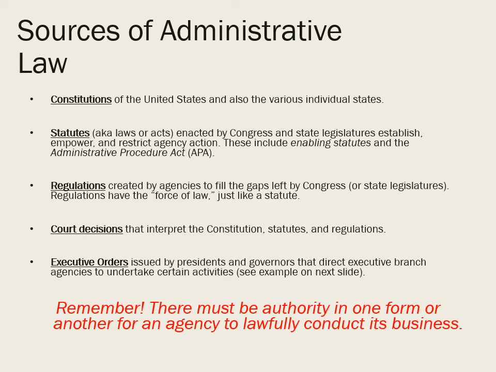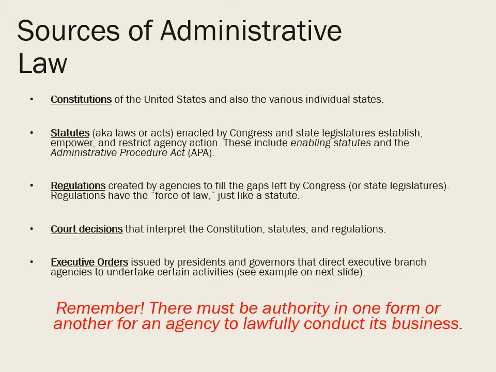So there are a number of sources of administrative law, all of which are going to be important throughout this class. And those include constitutions, again, plural, because we have the US Constitution, plus every state has its own constitution. Also statutes, regulations, which are also called rules, court decisions, which make up what we refer to as the common law, and executive orders.